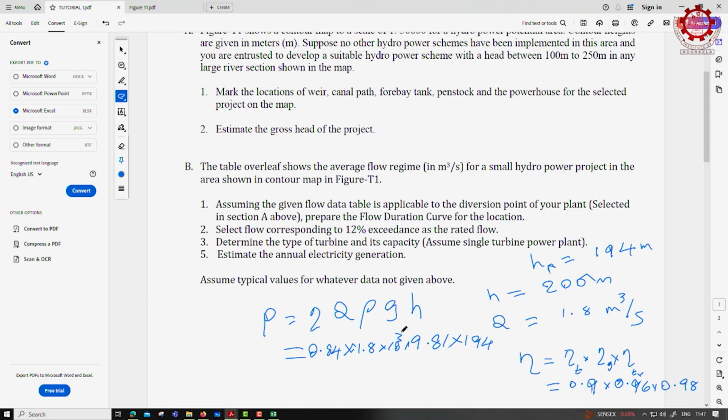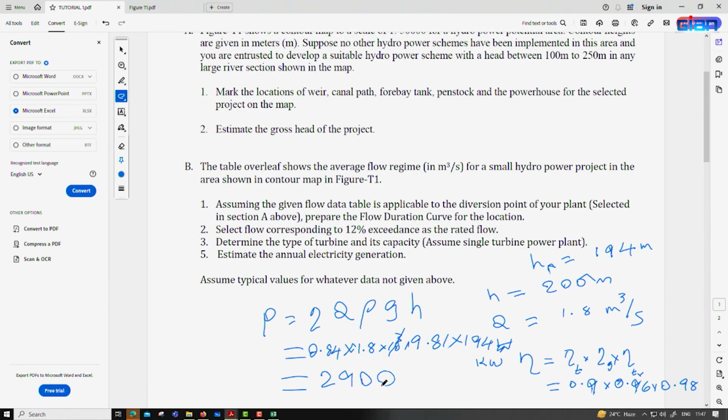You can forget about this, this is in watts. So, you can make it kilowatt by removing this 10 to the power 3. So, it will be kilowatt then. How many kilowatts is our plant's capacity? 2900.